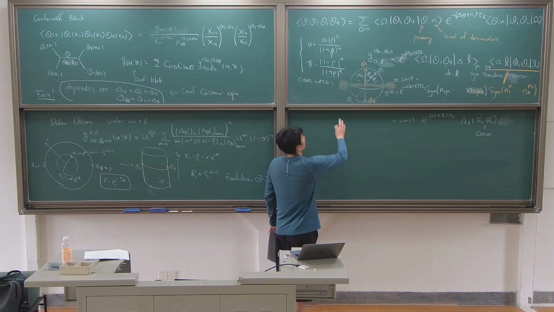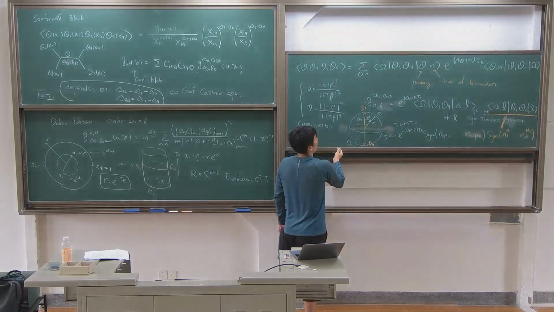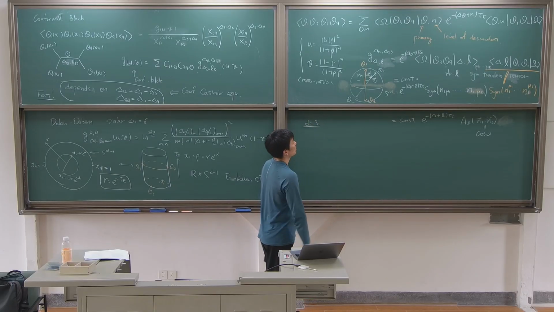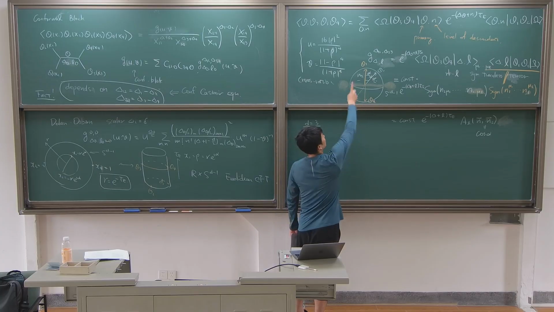For instance, in the case of d equal to 3, this is the S2, and O3 and O4 sit along the z-axis.